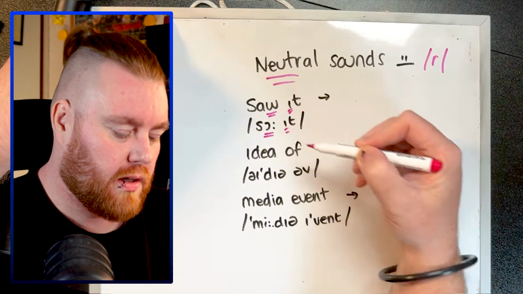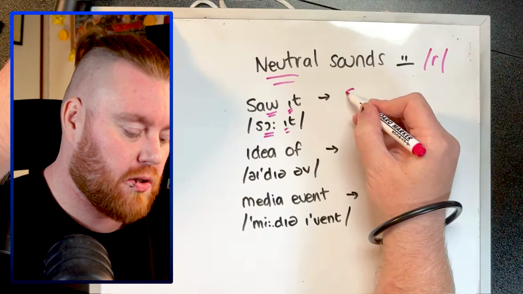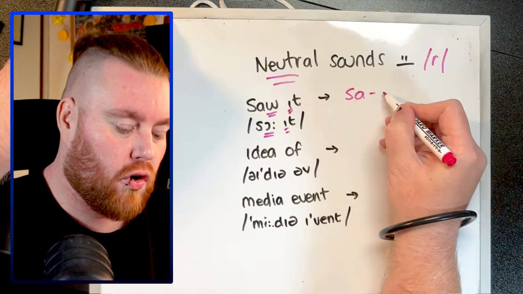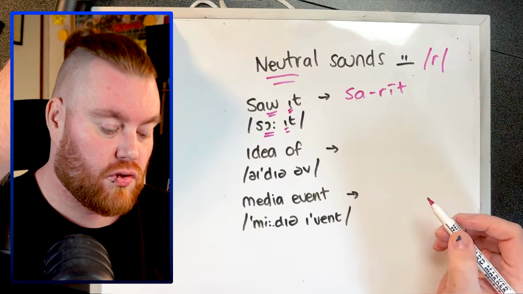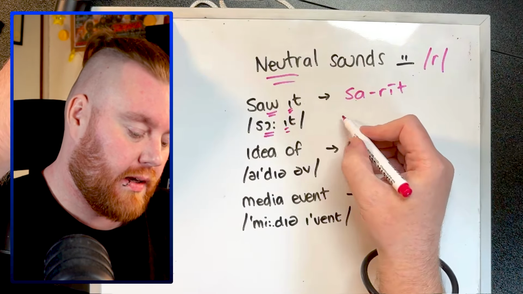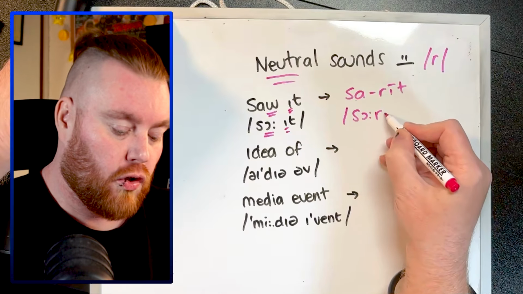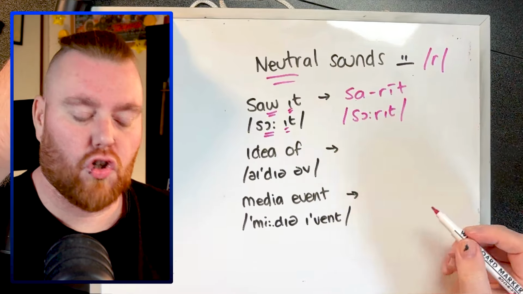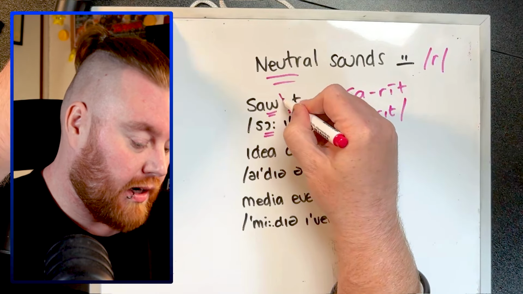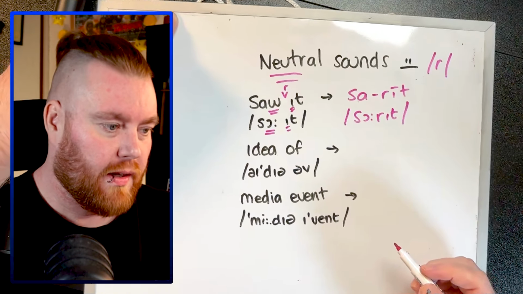And the next one starts with I. So we're going to add this r. And it actually ends up becoming saw it. Saw it. And if we look at the transcript, it'd be saw it. So we're adding kind of a r in here. Saw it. Cool.